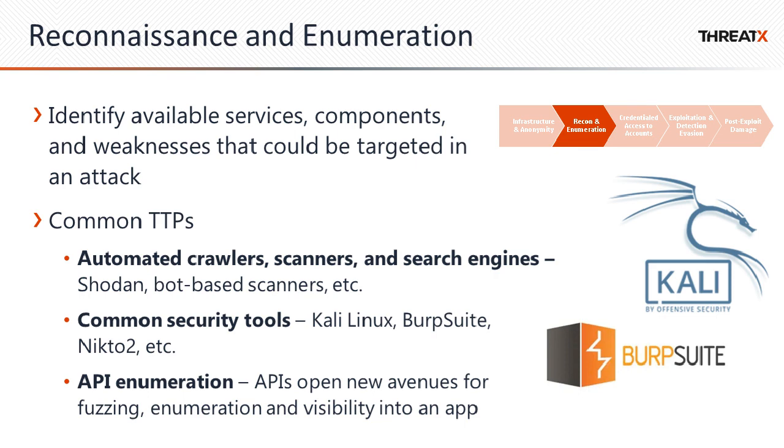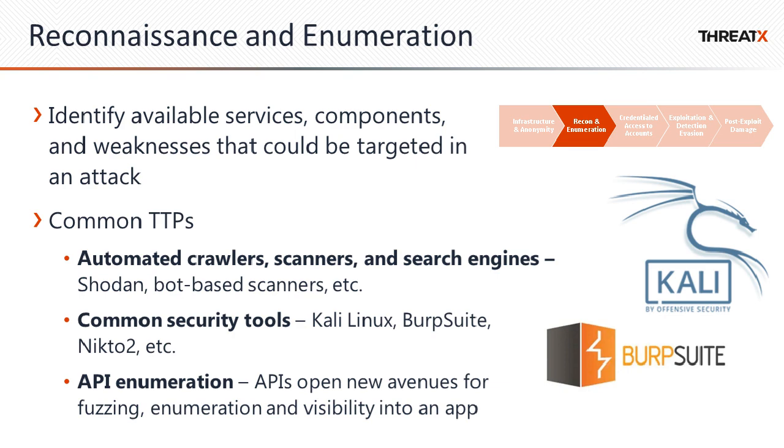So you're going to notice automated crawlers, scanners, search engines. Popular ones are like Shodan, bot-based scanners. You'll see things like Kali Linux type of tools, including Burp Suite and Nikto and things like that. So sometimes you can fingerprint what type of tool the attacker is using.